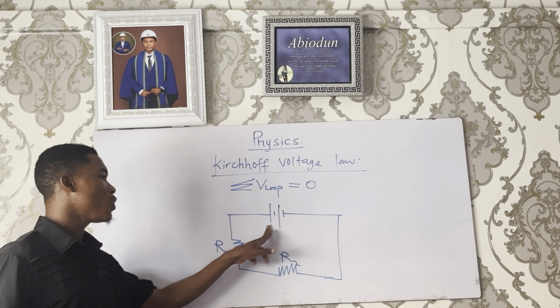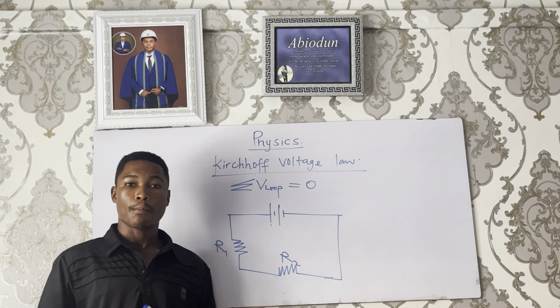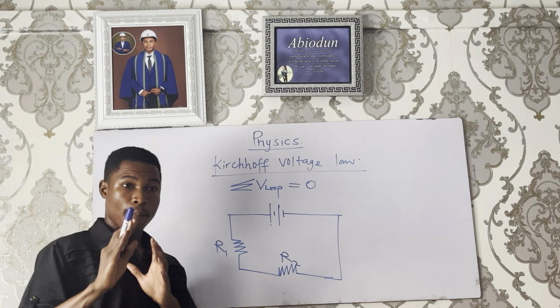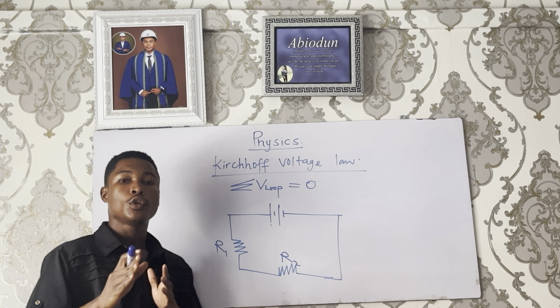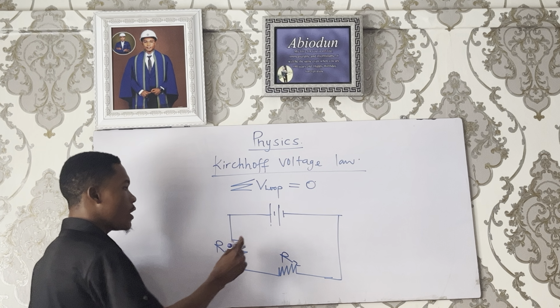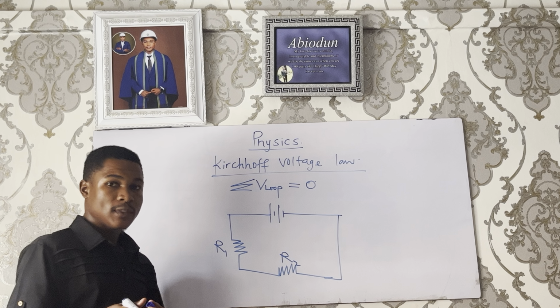The first thing I have to do is pick the direction of my loop. Now there is freedom of direction. You can pick any direction. Just make sure you analyze the circuit appropriately. So the first thing I'm going to do is pick the direction of my loop.